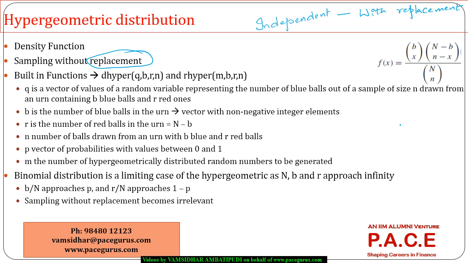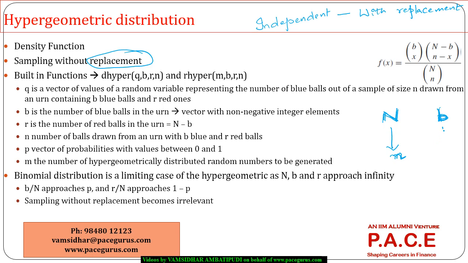It's as good as saying I have a total of N elements altogether, out of which b of them are successes. Now I am sampling out of this N, taking a sample of small n.